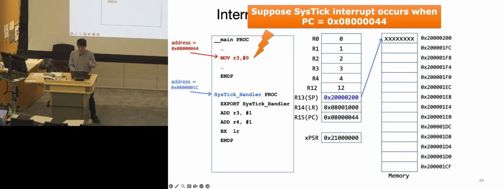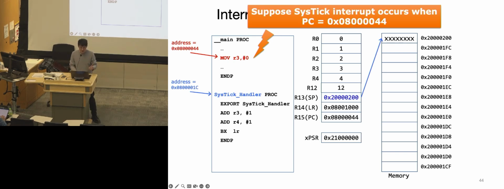Usually you complete the current instruction and then run the interrupt. There are cases where you can break inside of an instruction, but most commonly you finish the current instruction and then go to the interrupt.